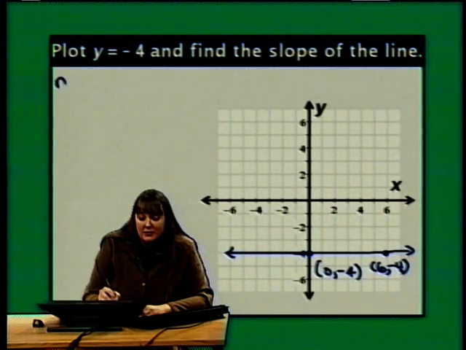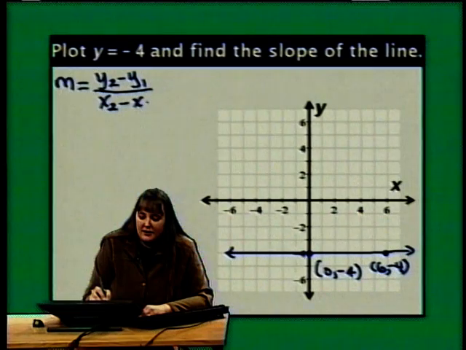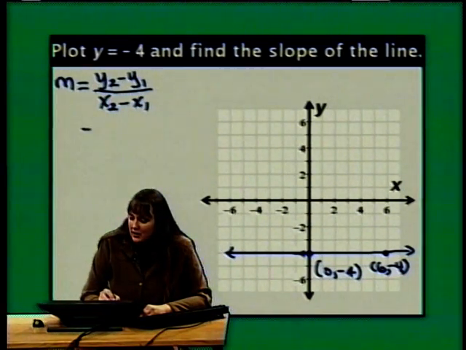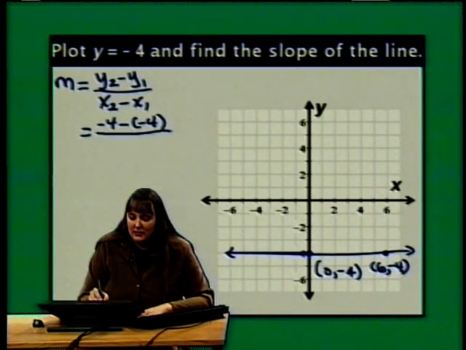Going back to our slope formula, the slope is y sub 2 minus y sub 1 over x sub 2 minus x sub 1. If I call the y-intercept x sub 1, y sub 1, and the other point x sub 2, y sub 2, then I have -4 minus -4 over 6 minus 0.